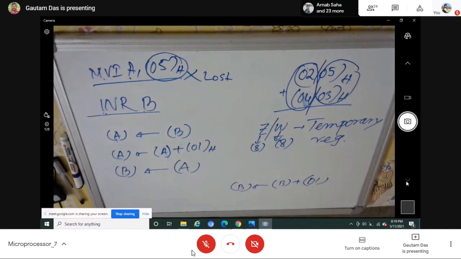You can use B, C, D, E, etc., all registers to store data using the MVI instruction. MVI B 05, you can store 05 in B. But if you see the code of all instructions of 8085, you cannot find an instruction MVI W 05. It is not there. MVI Z is not there. Meaning, these two temporary registers are not accessible by a programmer. That's why I have not shown them there. These two registers you cannot use.